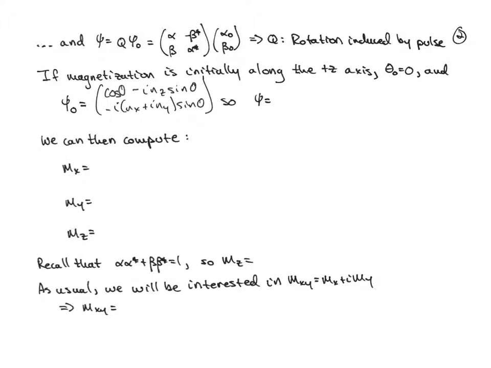The only term that doesn't go away here is the cos 0 term, which is equal to 1. So that's equal to 1, 0. Then phi is equal to the rotation parameter matrix of the pulse, the Q matrix, beta alpha complex conjugate, times 1, 0. So we're just sifting out the left column of this, and we get alpha beta. And we said earlier that phi was the spinor corresponding to the pulse.